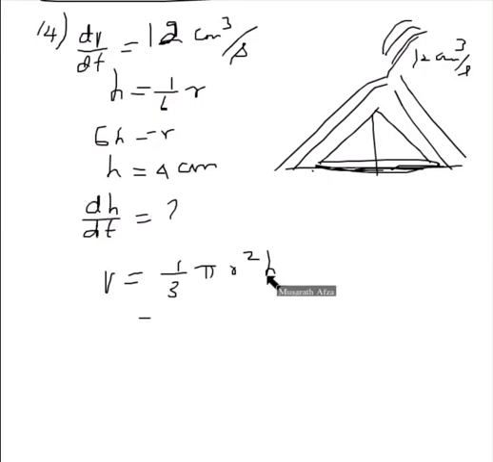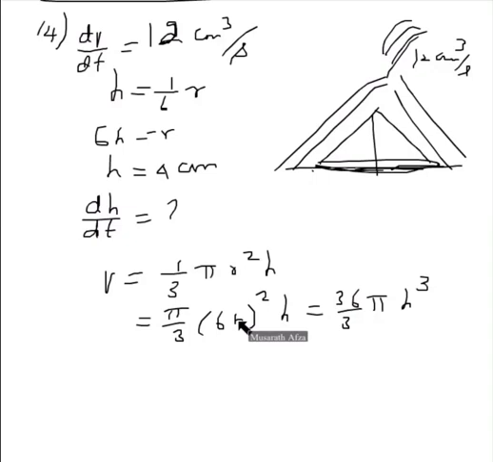Since we need dh by dt, we will keep the variable h and eliminate r using this relation. R is 6h, so whole square, 36 by 3 pi, h square into h gives h cube, and 3 and 36 I can simplify.